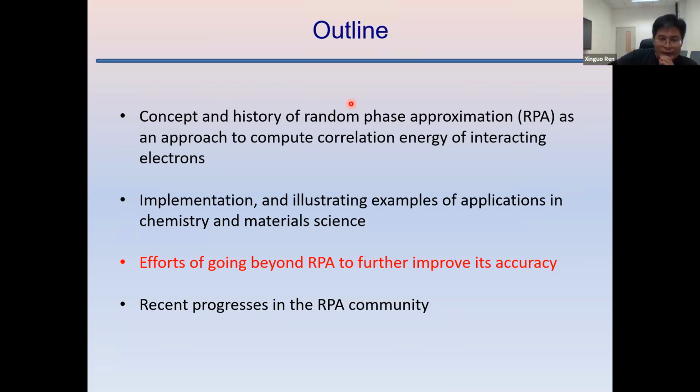Yeah, that's a very good question. Compared with other more empirical approaches, I would trust RPA more for layered materials. But certainly RPA is not the ultimate answer, because although it can describe van der Waals interaction very well qualitatively, the C6 coefficient coming from RPA shows a little bit of underestimation.